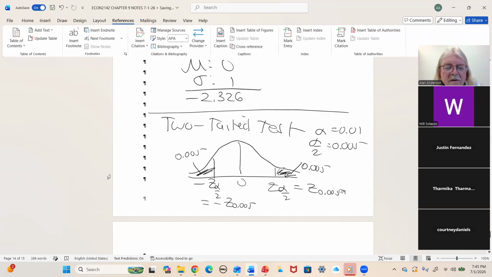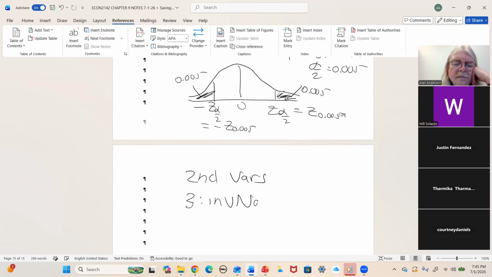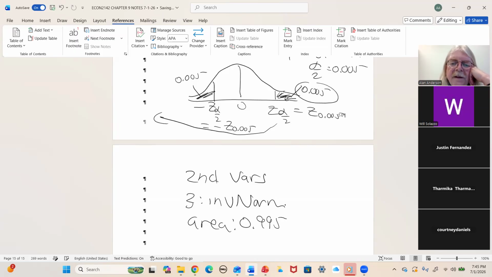So what are these numbers? Well, how do we look them up? Well, it's a little bit confusing. Tell you what I mean. The area, if you're looking for this one, the area is actually everything below that, all the way down to negative infinity. So that means your area is 0.995.